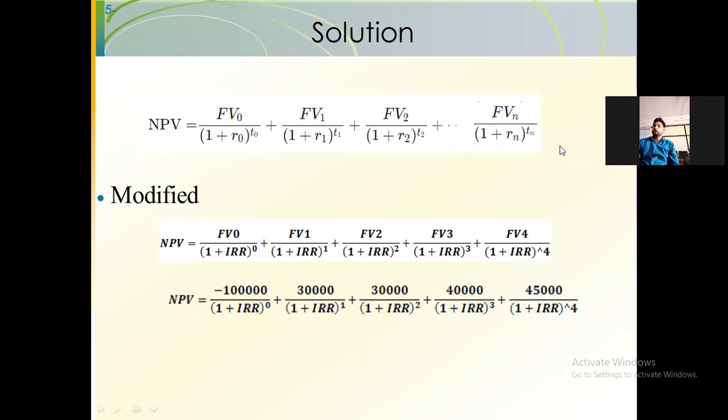T0, T1, T2 up to Tn are the number of periods, that is 0, 1, 2, 3.